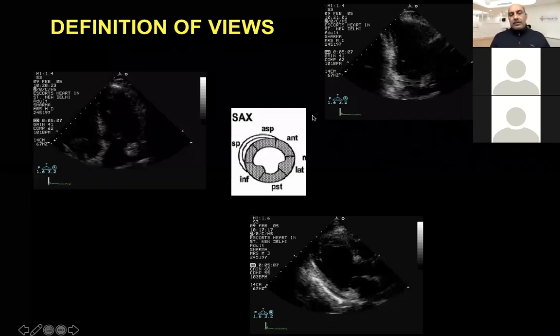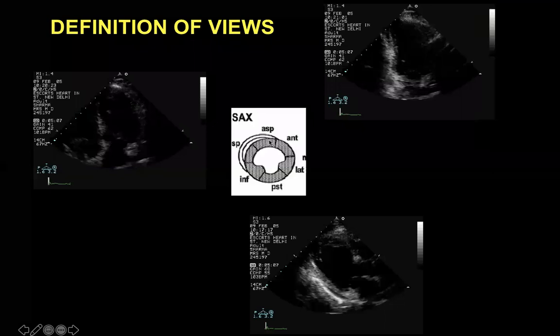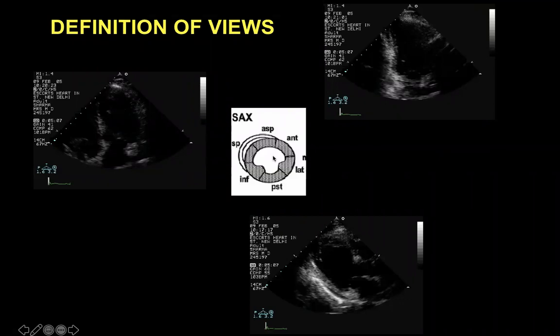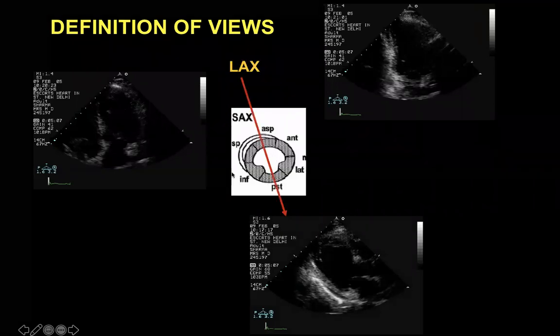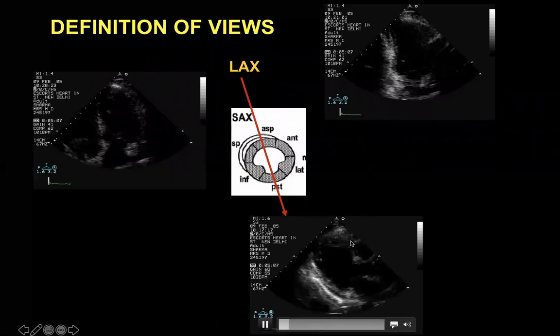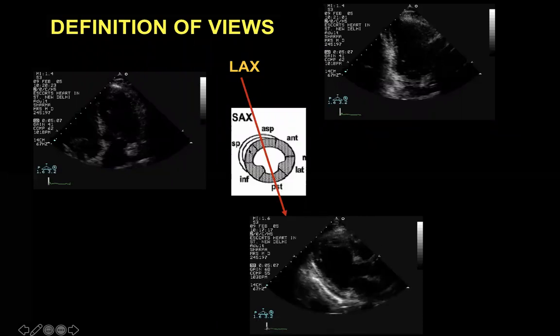Say, for example, this is a short axis view we all know, and if we look at the parasternal long axis view, the beam is cutting the ventricle in this particular axis. So there would be a right ventricular free wall here. There would be the anterior septum.